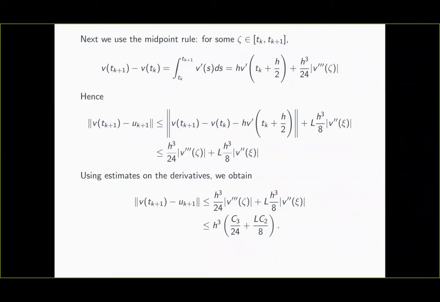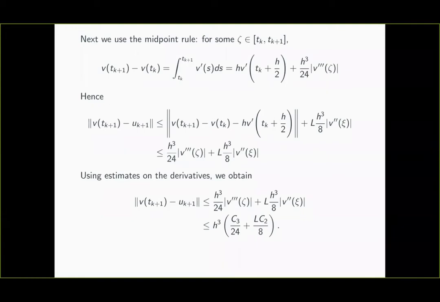Since there's generally no way of knowing zeta and psi in this formula, we simply estimate the size of the derivatives from above using our assumptions. So in total, the magnitude of the local discretization error is bounded from above by h cubed times the constant C3 over 24 plus L times C2 over 8.